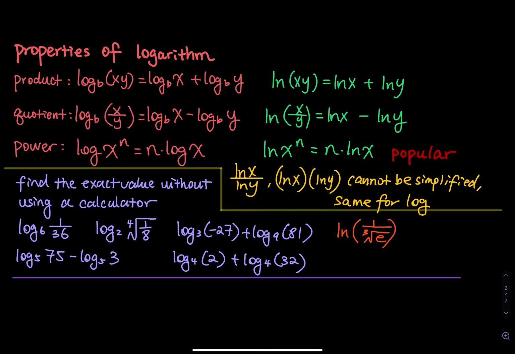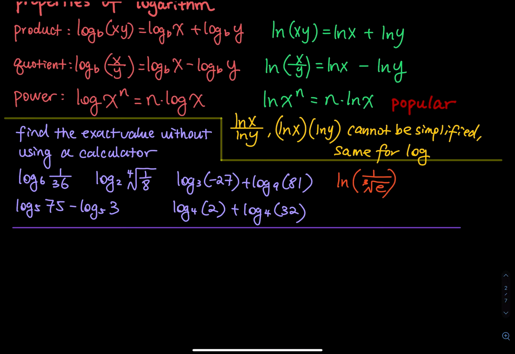For the exercise, I would like you to find the exact value without using a calculator. The first one, I have log base 6 of 1 over 36. This type of problem is not that hard to do. Let's rewrite the 1 over 36.